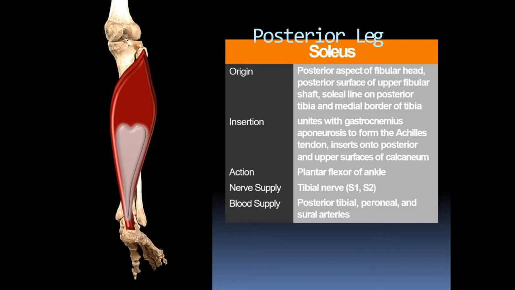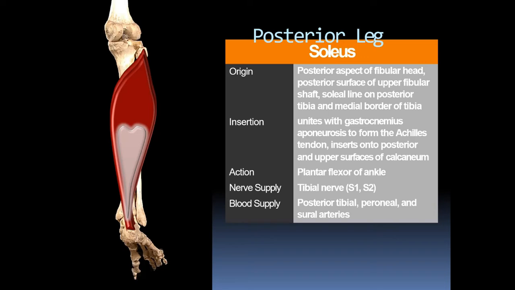Soleus muscle. Its origin is from posterior aspect of fibular head, posterior surface of upper fibular shaft, soleal line on posterior tibia and medial border of tibia.